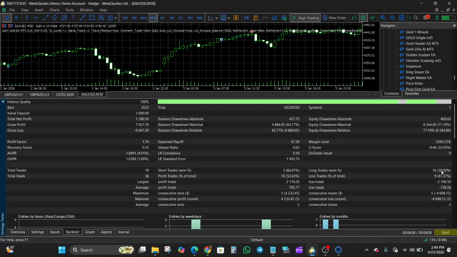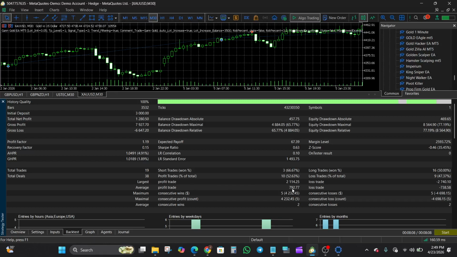And we had a 50% win rate for the long trades and a 66.67% win rate for the short trades. Okay, so this just tells us that the EA was mostly following the trend, right? Because the trend was bullish, and we can see that the largest profitable trade was $2,114. Wow, that's amazing. And the largest losing trade was actually bigger, 2,740.